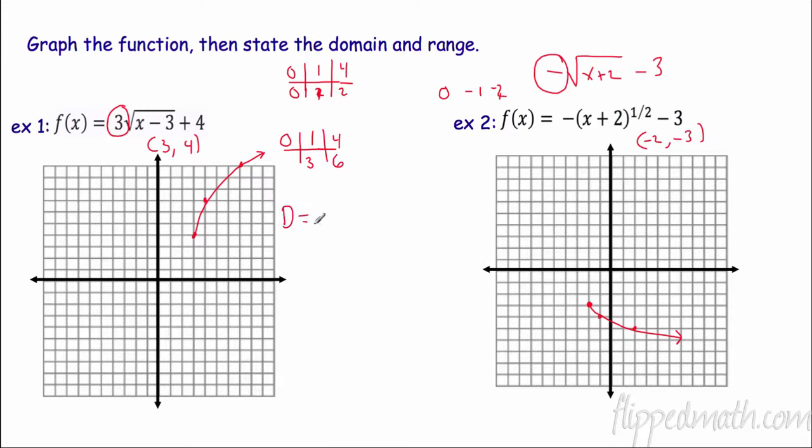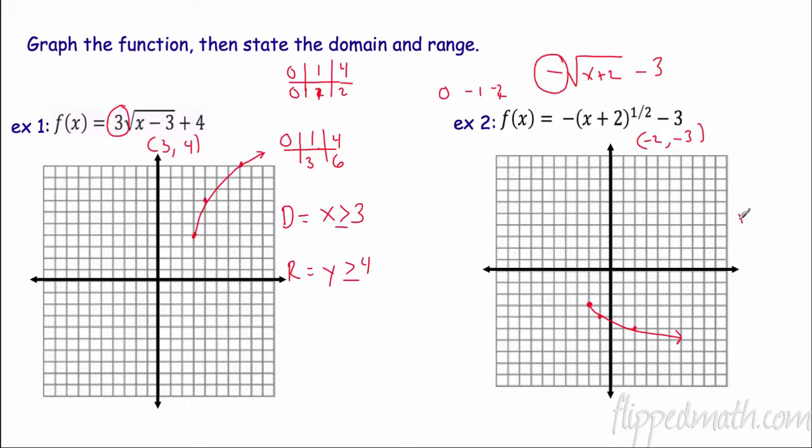For the domain, I want all my x's. My minimum x is 1, 2, 3. So I want all the x's greater than or equal to 3. And my range, I want all the y's greater than or equal to 1, 2, 3, 4.